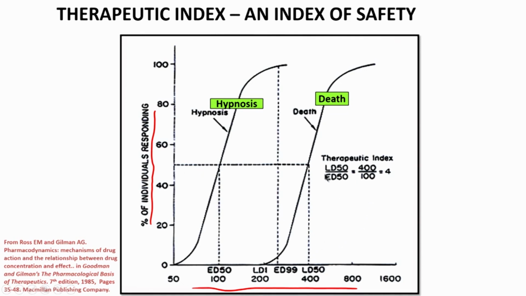So the therapeutic index of the drug is essentially 400 by 100, because this value is the ED50 and this value is the LD50. So the therapeutic index comes out to be 4, which is actually quite low for the drugs that are typically used, because if we want 100% of the patients to respond, we may have a few people dying, which is never desirable. Okay, so we will stop here.